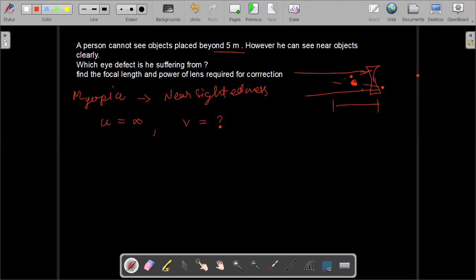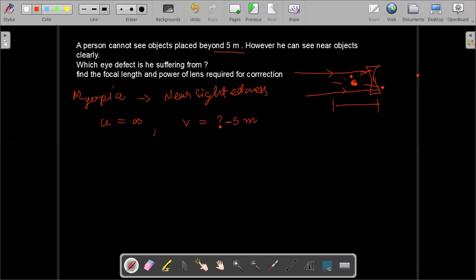Got it? So where should the lens make the image? The lens should make the image at a distance of 5 meters. Now see, this is the direction of going of the rays. So image distance should be taken as -5. Got it, everyone?